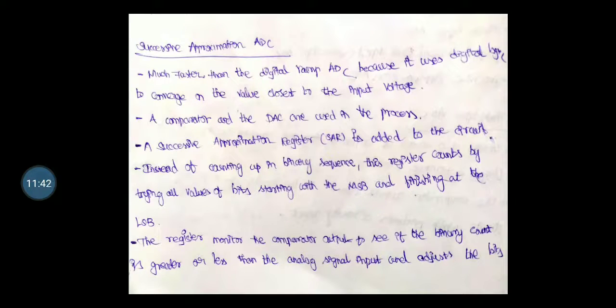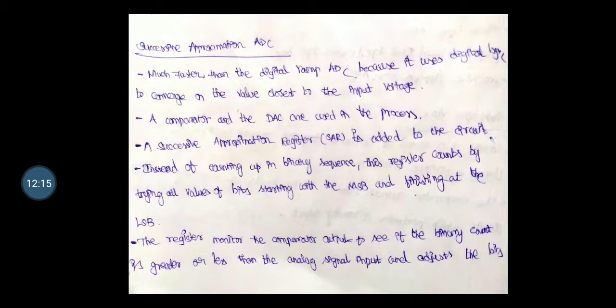Next one is the successive approximation type. It is faster than the digital ramp ADC because it uses a determined voltage to converge on a value closer to the input voltage. The successive approximation technique uses a very efficient search strategy to complete an n-bit conversion.